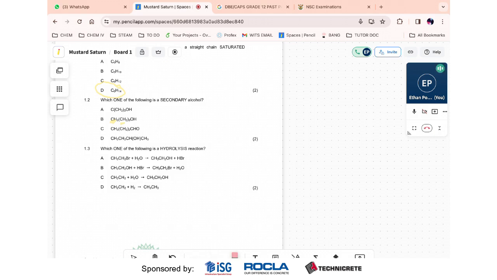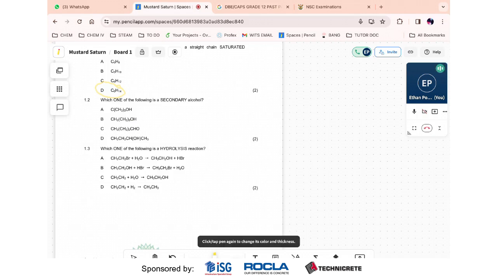Our OH group is bonded to the last CH2 group in these brackets, which is then bonded in a chain to the other CH2 groups, and then finally the CH3 group. So that's primary and not secondary.